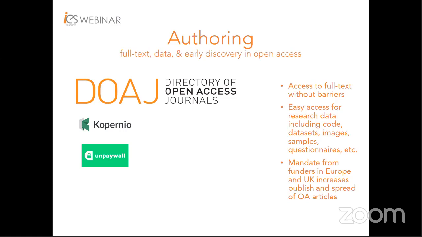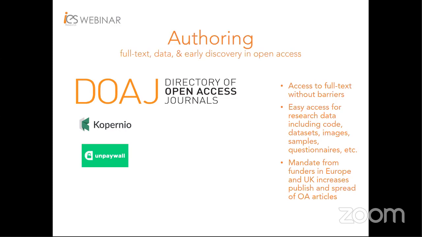OA not only means open access to research papers, but also open access to datasets, code, samples, or other supplementary materials. Europe has confirmed an ambitious plan called Plan S, which requires all research papers and research data supported by public funding to be open immediately after publication.